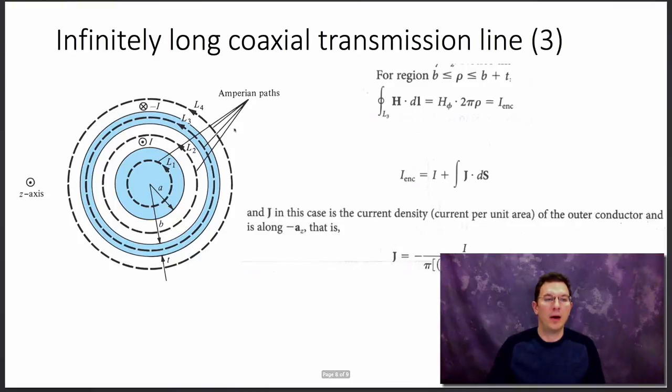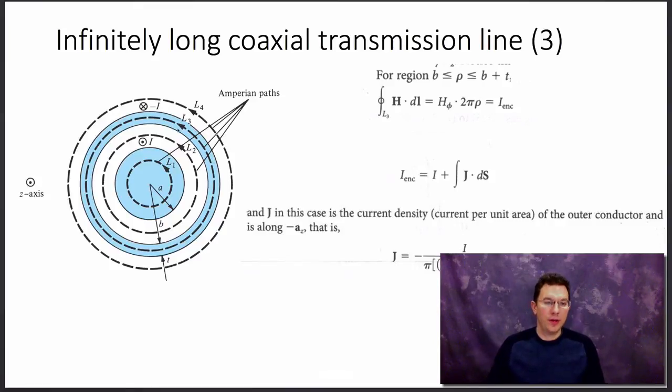We're going to define our Amperian contour L3 to have a radius rho, such that rho is between b and b plus t right here. Okay. Again, arguing that H phi is independent of phi. And now we have to think about what's the expression for the current enclosed by this contour right here. What's the expression for that?